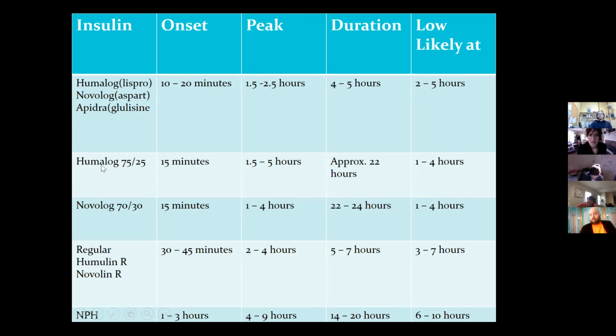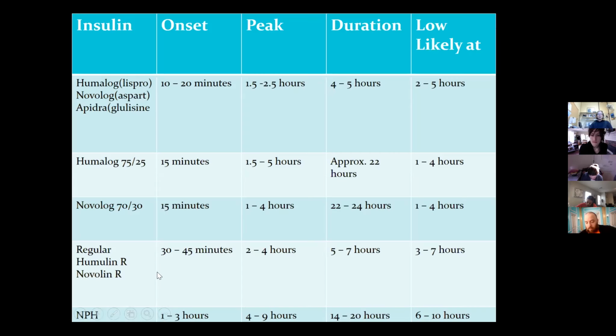The Humalog 75/25 and the Novolog 70/30 are what we call pre-mixes. They have the advantage of starting early because they have some of the rapid acting insulin and some of the longer acting, intermediate acting insulin.